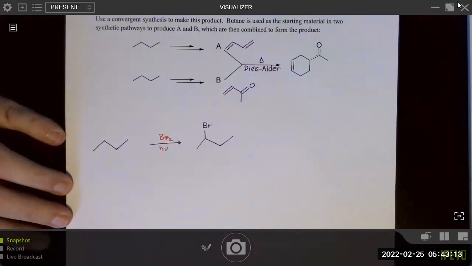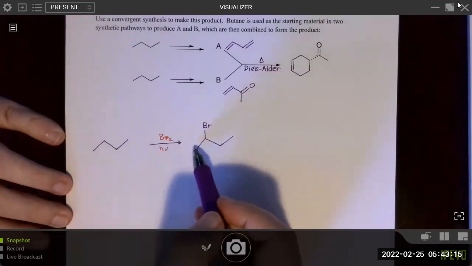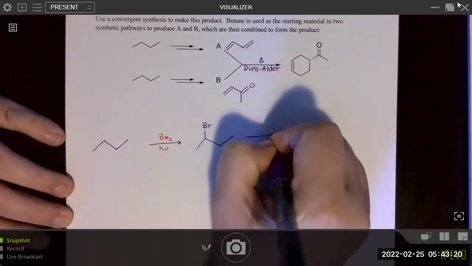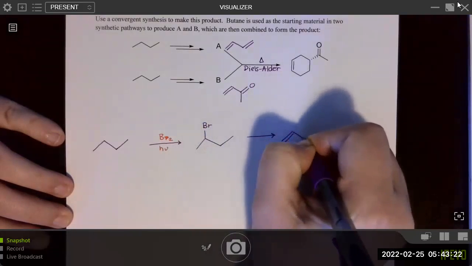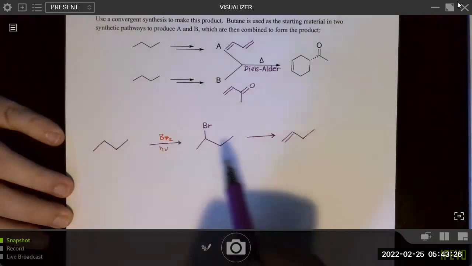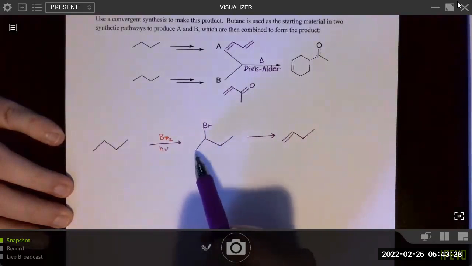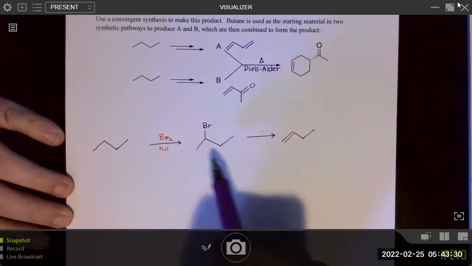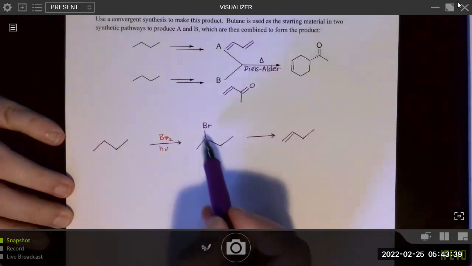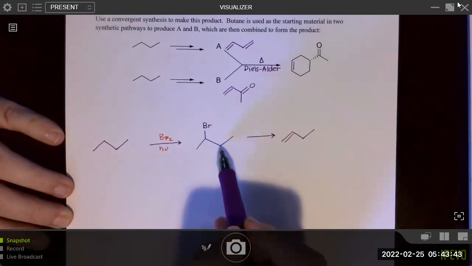And then from here, let's focus on trying to get one of these into an alkene position. So if we wanted to eliminate it to get an alkene, we can do an elimination reaction. In this case, the two beta carbons are different, so we do need to worry about Hofmann or Zaitsev regioselectivity. So recall that if I used a small base, I would have gotten the Zaitsev product, which is the alkene at the more substituted position.